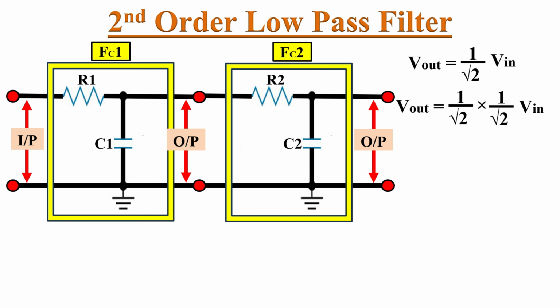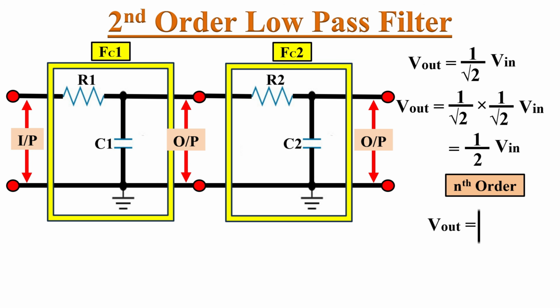That means the output Vout equals half of the input. Here if we cascade n number of filters with the same cutoff frequency, then for the nth order filter, the output will become 1 by root 2 whole power of n into Vin. It means the output will be reduced more. So in this way we can get sharper and sharper roll off.